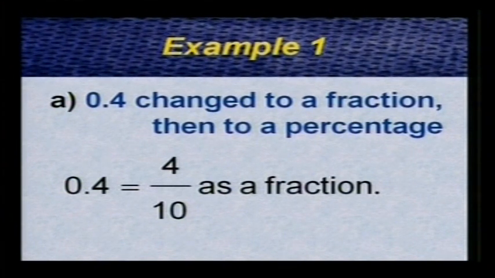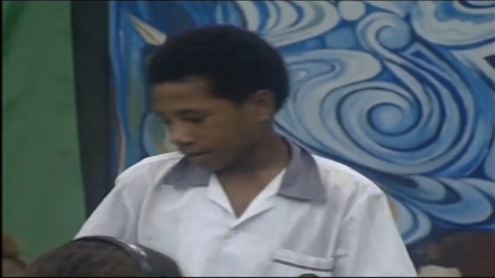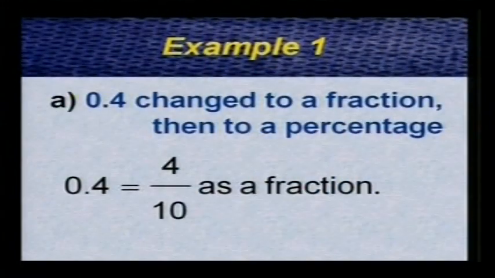Why did I say I will have 4 over 10 and not 100 or 1,000? Begley? Because the 4 is under the tens column. Correct? Any other answers? Okay, if you have the place value chart, 4 will automatically come under the tens column.